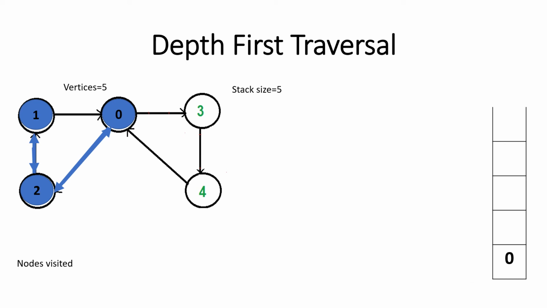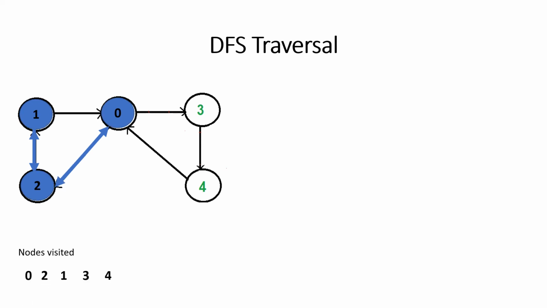Now we have reached vertex 0. Now see whether there are any unvisited adjacent vertices for the vertex 0.